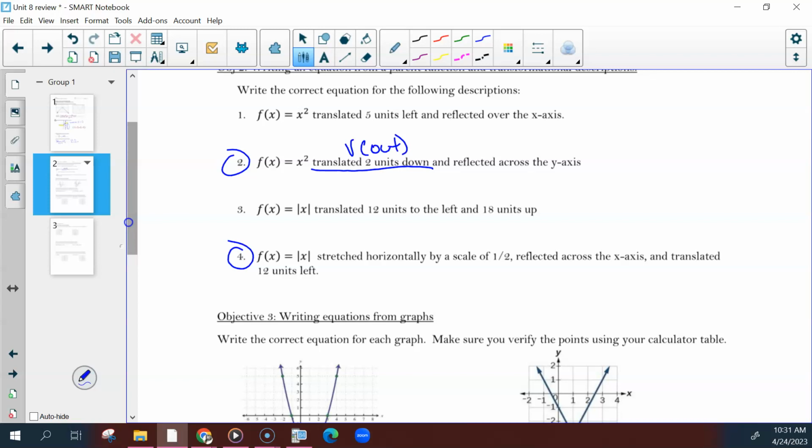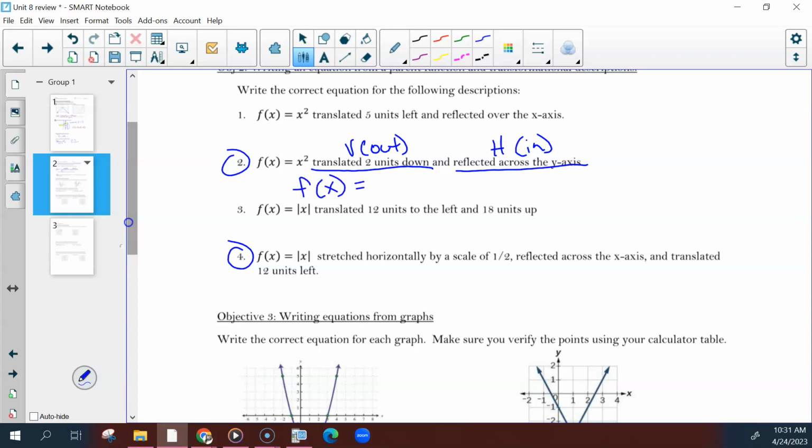And then reflected across the y-axis. So if this is your y-axis and it's going like this, is that horizontal or vertical? Horizontal. So that means that's going to happen on the inside. You have 2 transformations, so both need to be included. So you can start writing.